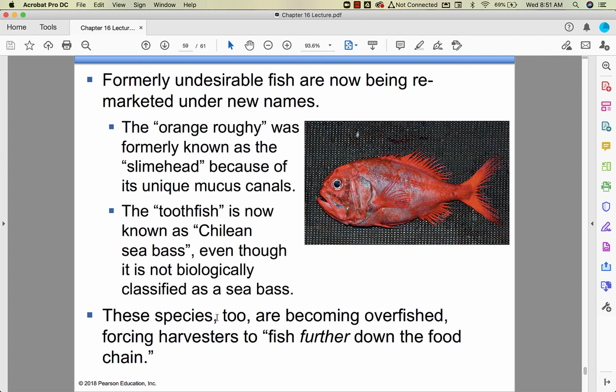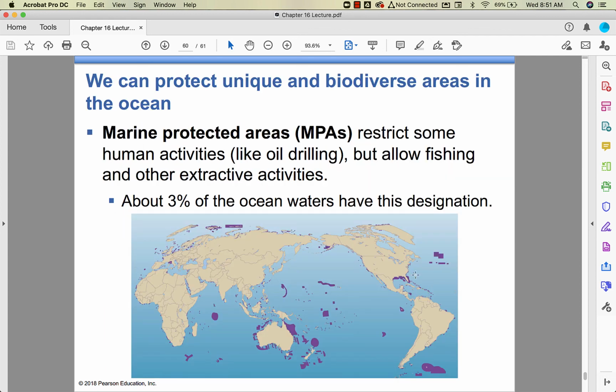And I'm going to show you guys pictures of the toothfish, is Chilean sea bass now, but it's not a sea bass. It just sounds better than the toothfish. All right. These species are now being overfished. So we're fishing further and further down the food chain. All right. Tilapia is another one. We'll talk about tilapia. Definitely down the food chain.